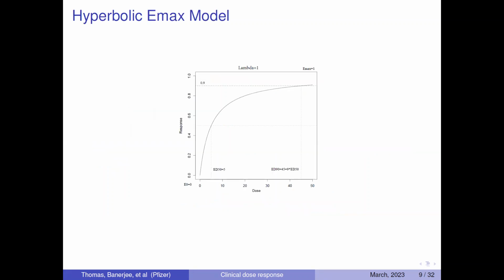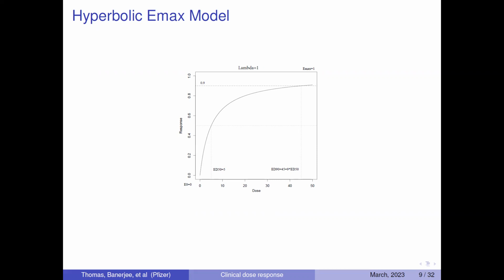So here's an example of the Emax model where lambda equals 1. This is called the hyperbolic Emax model. Sometimes it's just called the Emax model. In this case, I set E0 equal to 0, so placebo response is 0. I set Emax to 1, so the maximal effect is 1. And I set the ED50 to 5.